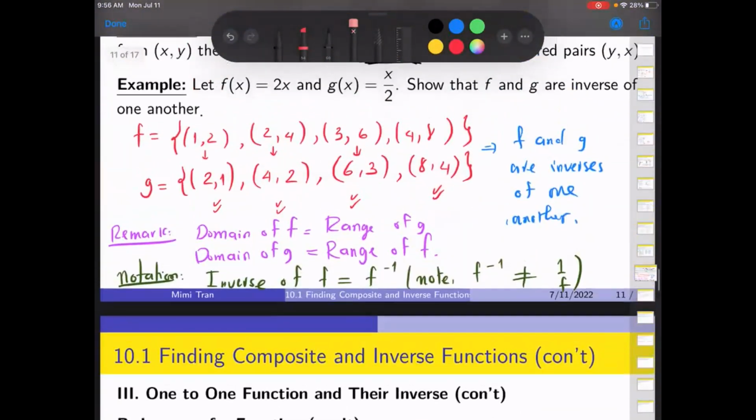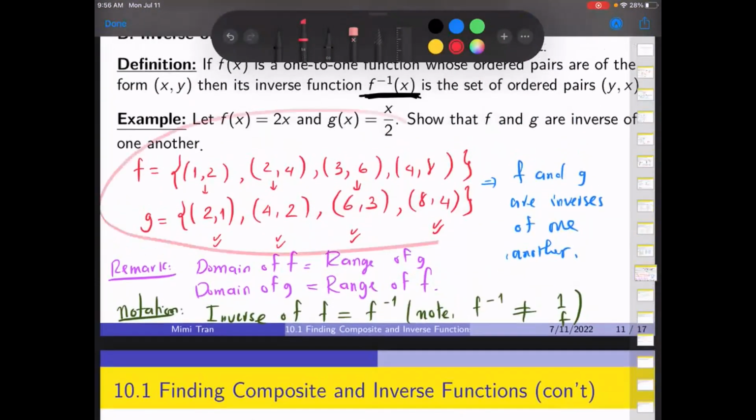And again, we're not going to use this way. I'm just showing you this, not to prove the definition, but it's not the way I want you to show F and G are inverses. I'll show you another way.